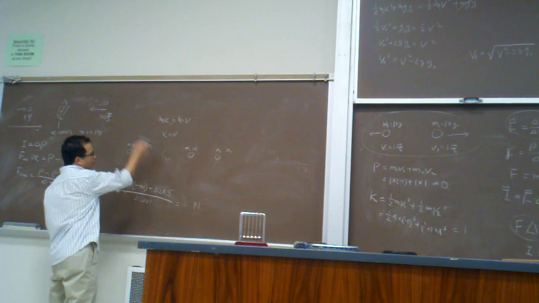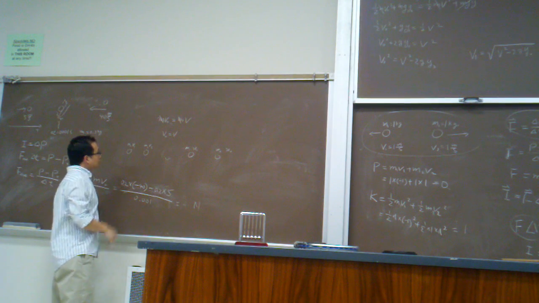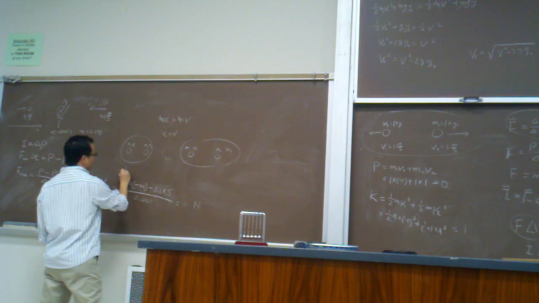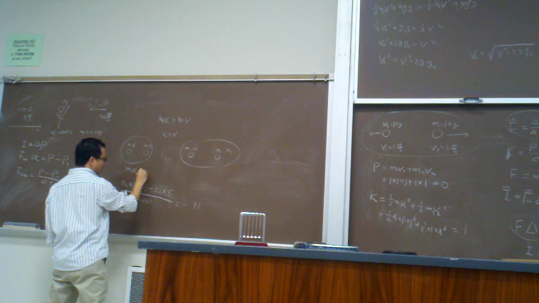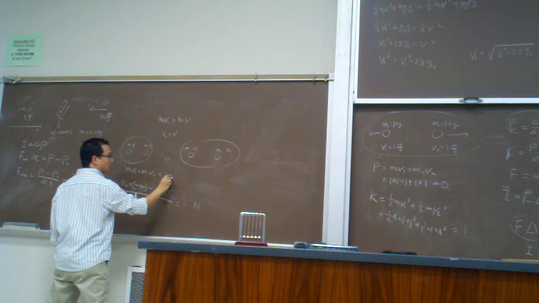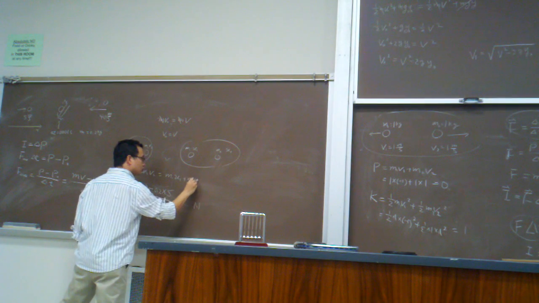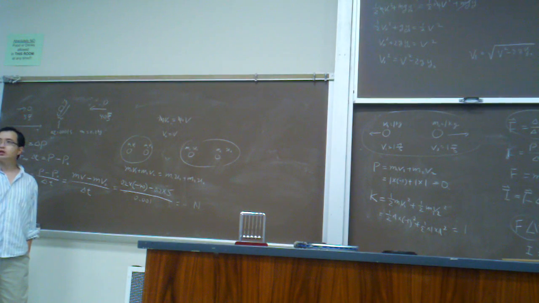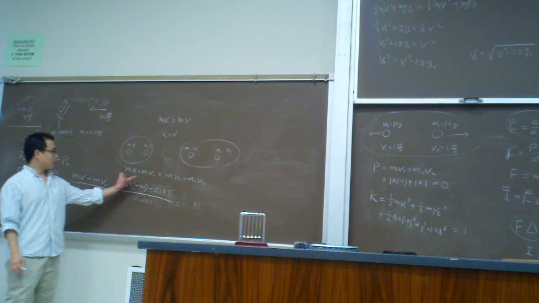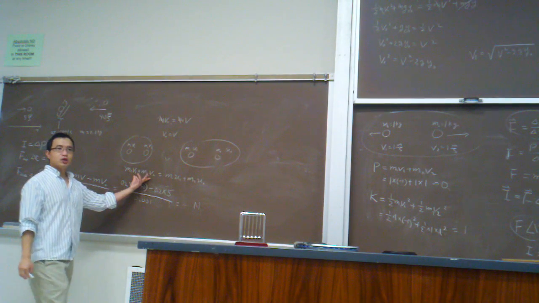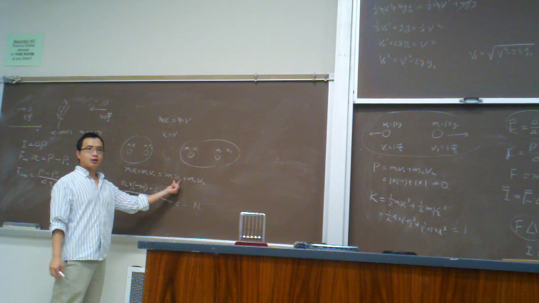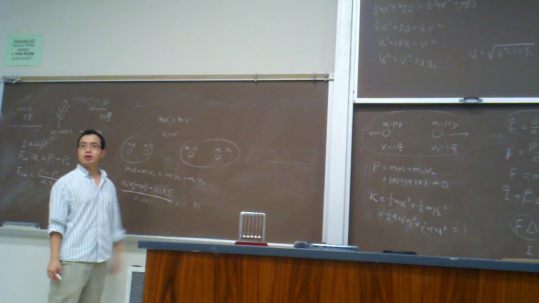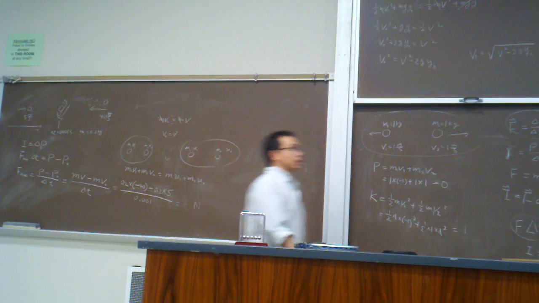Then, if the total momentum is conserved for the whole system, we should have the equation m1v1 plus m2v2 equals m1u1 plus m2u2. This gives us a very powerful equation to calculate quantities. For example, if we know v1, v2, the two initial velocities, and we somehow know one of the final velocities, then we can calculate the other final velocity. So this is momentum conservation.